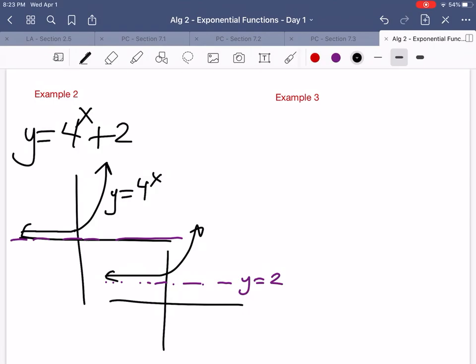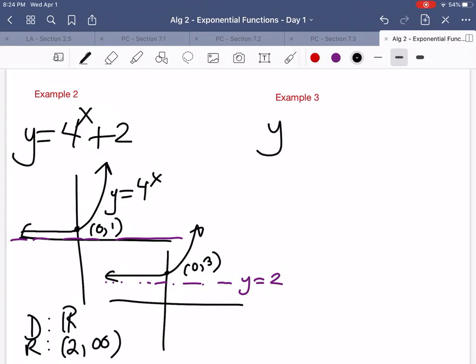My graph used to cross at 0, 1 for my basic thing, but now that gets moved up 2 places as well. So that's going to be at 0, 3. That's going to be my y-intercept, and my asymptote is at y equals 2. So again, your domain is all real numbers. Your range is going to be basically everything above 2, so 2 and up.